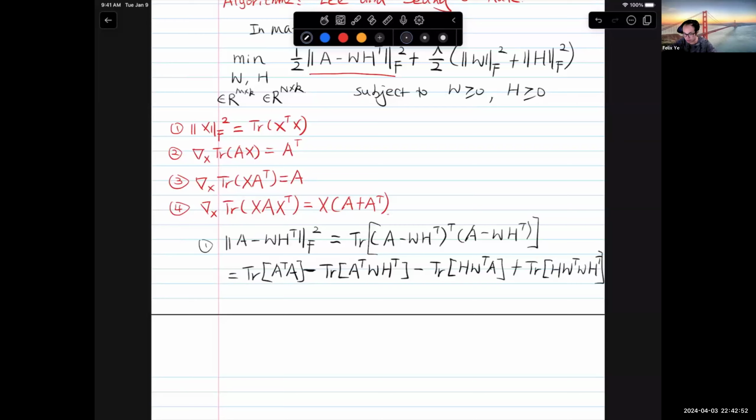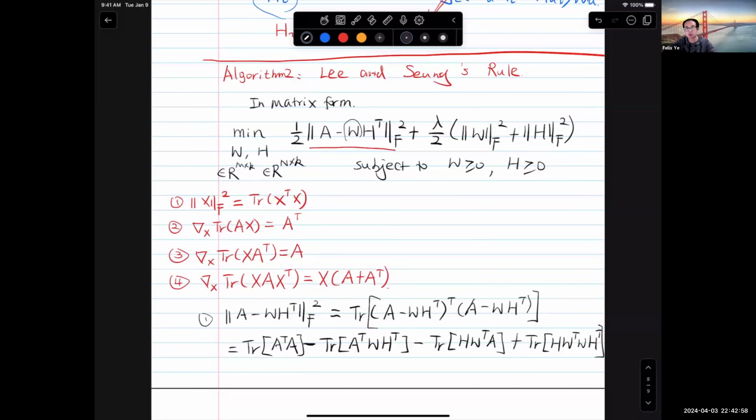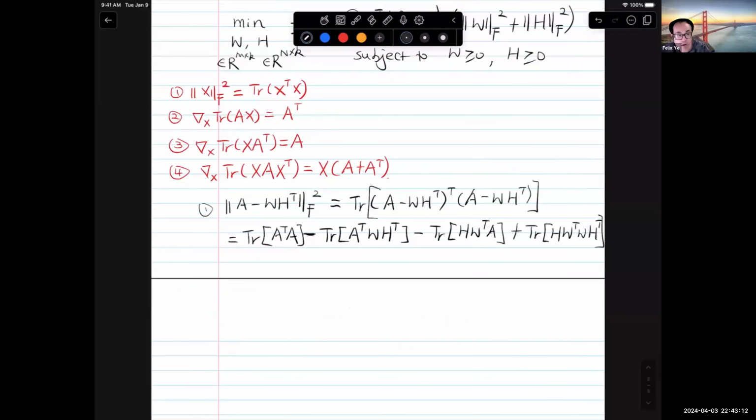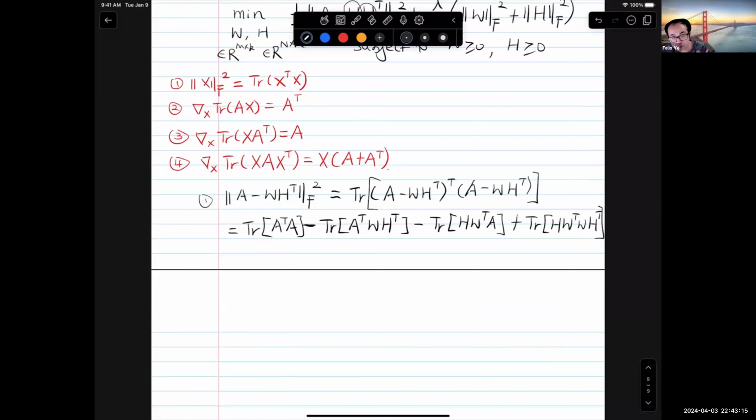So this whole thing is non-convex with respect to W and H, but it turns out it's convex in only W or only H. That means we can use something similar to ALS, alternating least squares, or sometimes called block-wise coordinate descent schemes, to optimize with respect to W while keeping H fixed and vice versa.